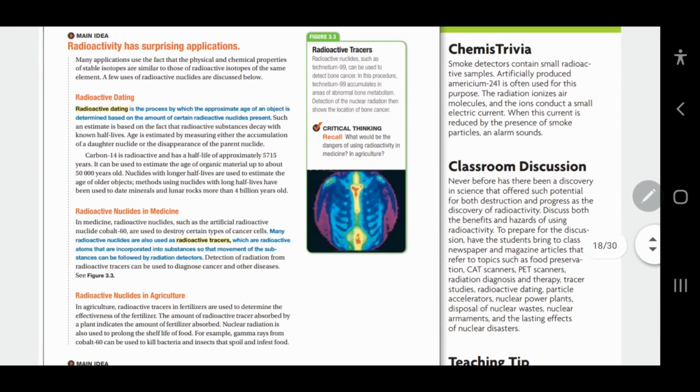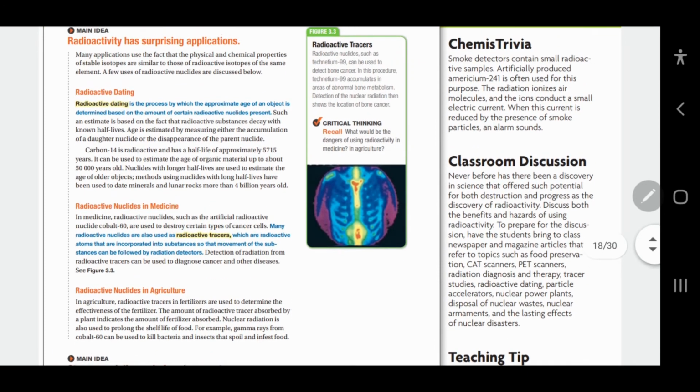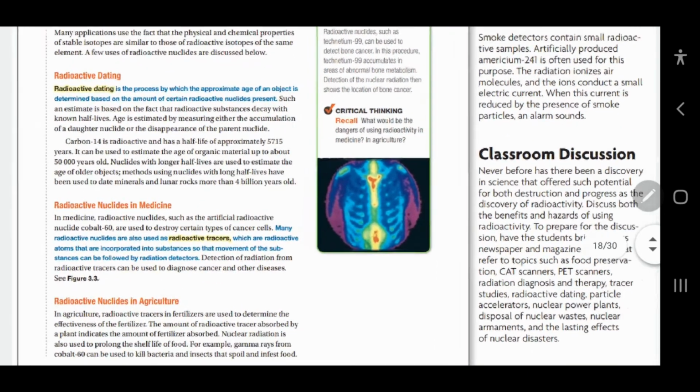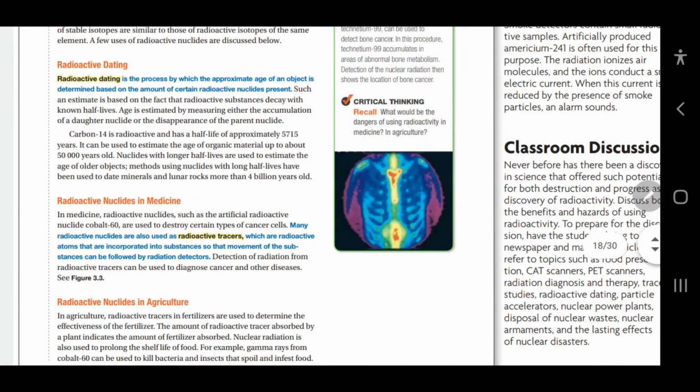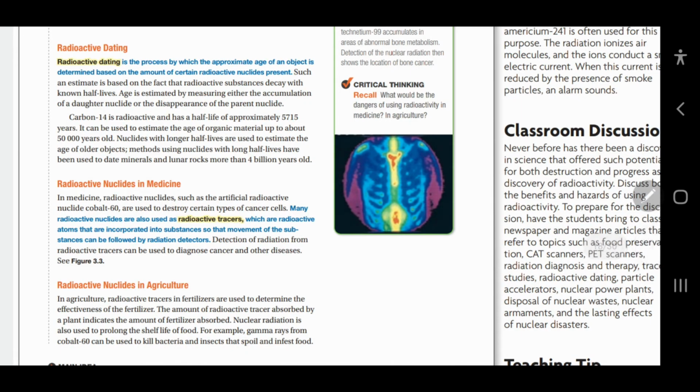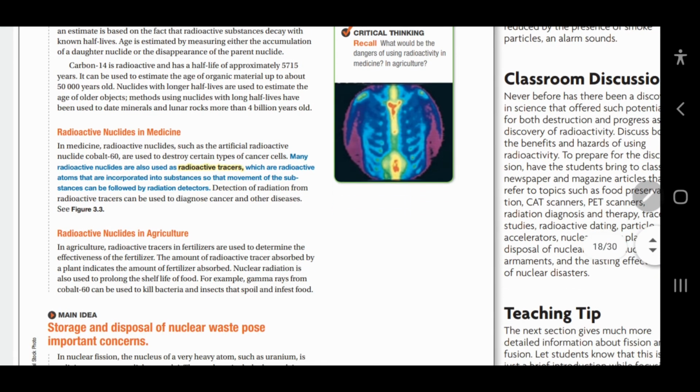And radioactivity could be used in radioactive dating, which determines the approximate age of an object, or in medicine by using radioactive tracers, or even in agriculture by using radioactive elements to study the fertilizer's effect on plants.